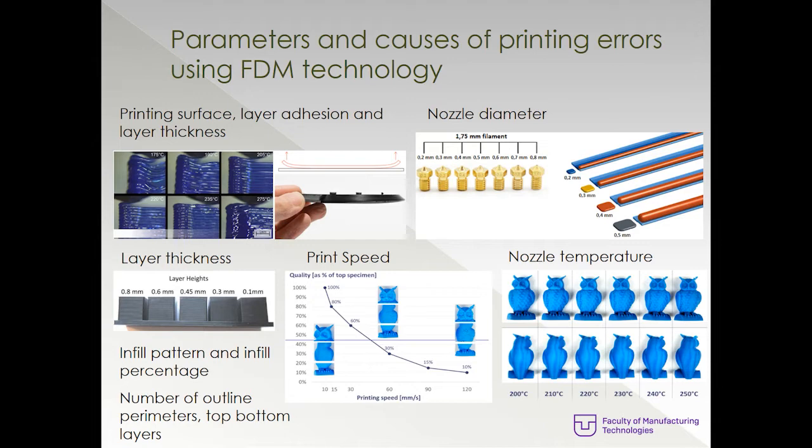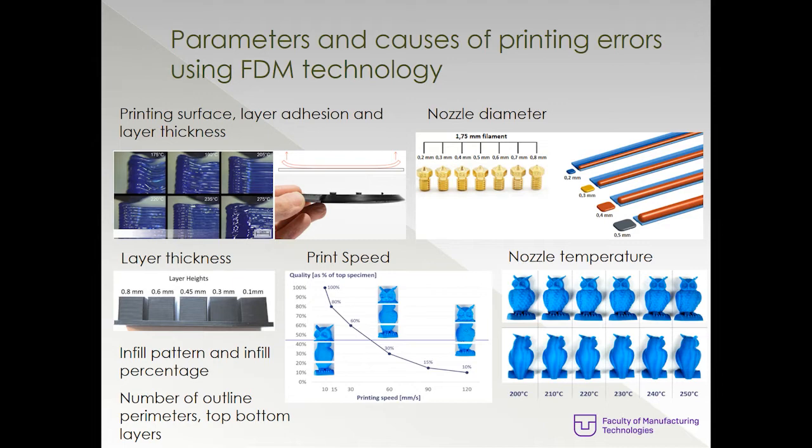The diameter of the nozzle directly affects the width of the extrusion. While printing, it is necessary to monitor that the extruder dispenses the correct amount of filament. This process has significant meaning for dimension accuracy of the created model and print quality.